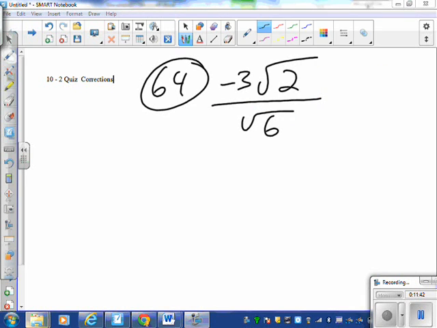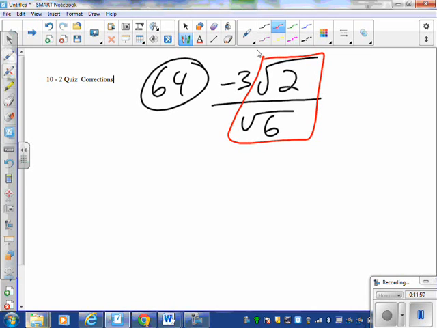Okay, number 64, we have negative 3, square root 2 over square root 6. What I want to do first is look at the two numbers in the square root sign. We need to reduce those two numbers. If you have square root numbers on top of each other, you can look at that as 2 over 6.